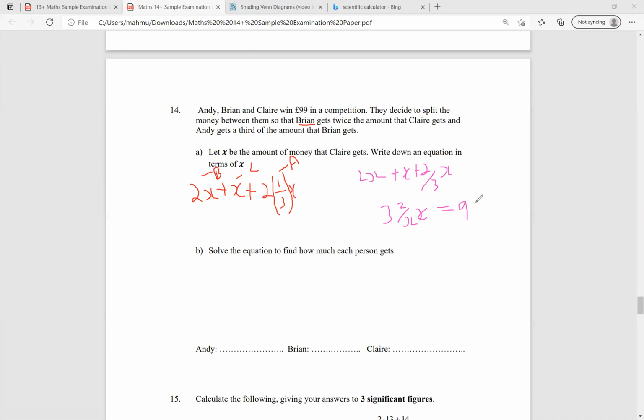Now my x will be, sorry, what did I put there? That should be 2 thirds. So my x will be 99 divided by 3 and 2 thirds.